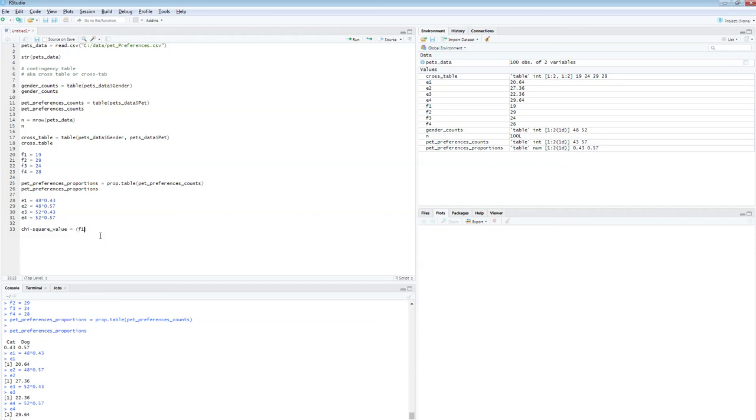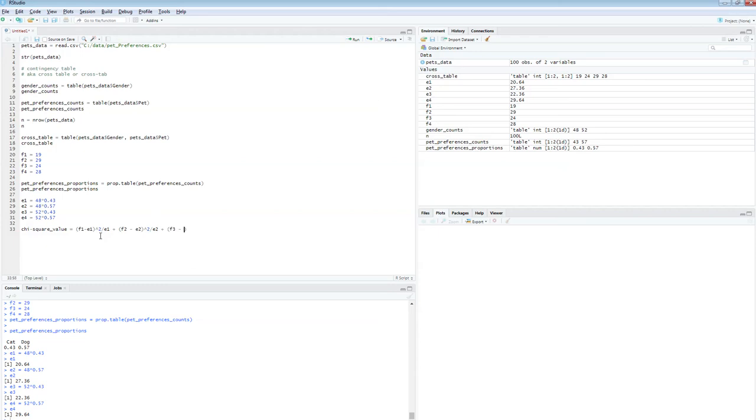So frequency number 1 minus expected frequency number 1, squared, divided by expected number 1, plus frequency number 2, actual minus expected number 2. Right here I need to correct, okay. That would be squared, divided by expected number 2, plus the third category, right?